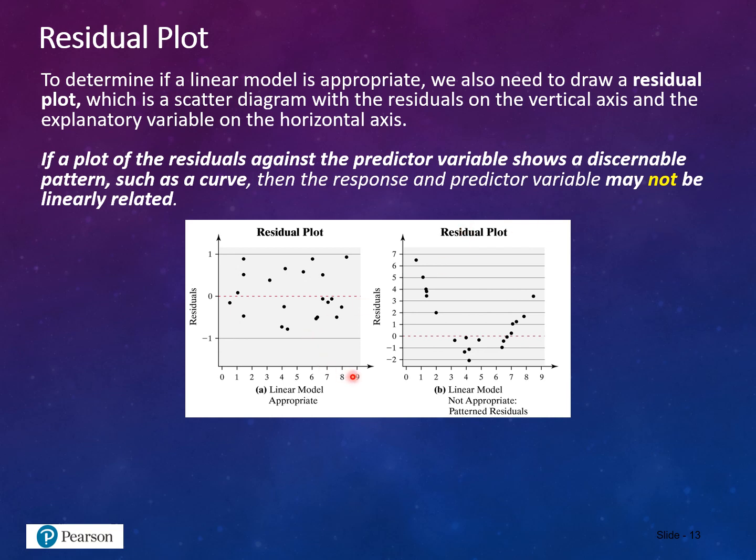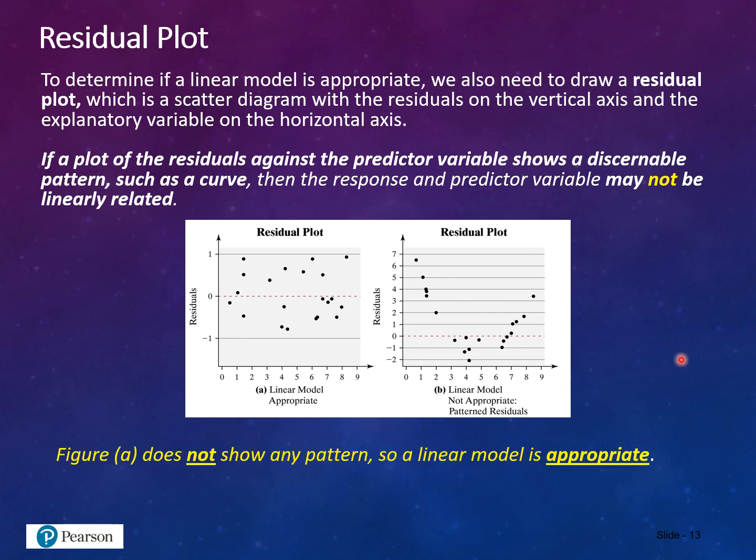So here we have two residual plots. Notice we have the residuals plotted on the y-axis versus the observations on the x-axis, and the same thing in the second graph. So based upon this, which of these graphs shows some kind of discernible pattern indicating that it's not linearly related?